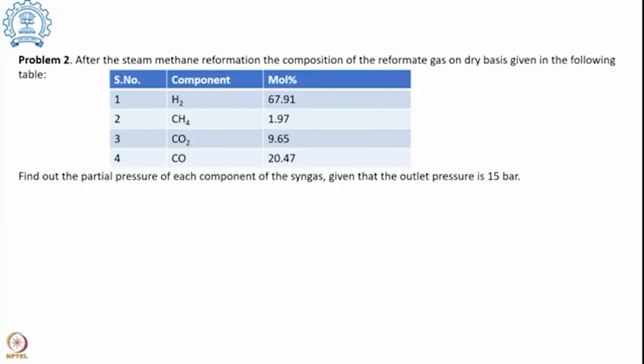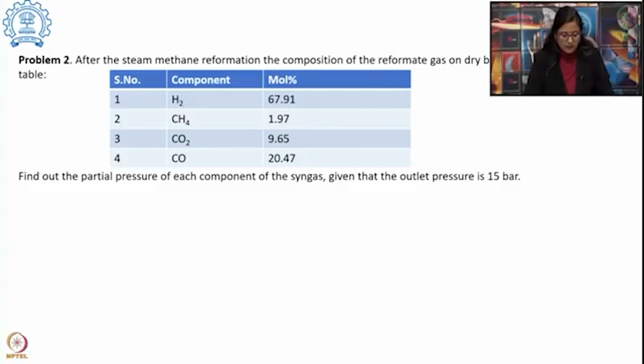This is on the dry basis, so removing the moisture content, and it is given component wise in mole percent. We need to find out the partial pressure of each component of the syngas, provided that the outlet total pressure is 15 bar in the process. Now let us solve this problem. This is again a simple problem. How to solve it? Let us see.